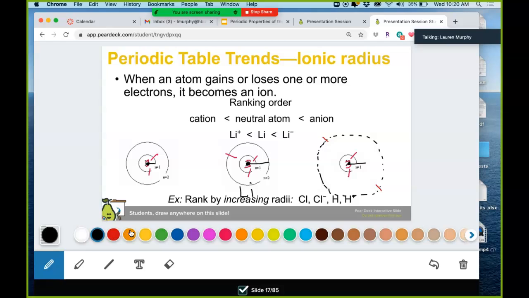I just expand my radius. They just move further away from the nucleus because these electrons repel each other. They don't want to be next to each other. You've added an extra electron, and this electron repulsion causes the anion to expand from its parent atom. So an anion is always going to be bigger than its parent atom. Okay?